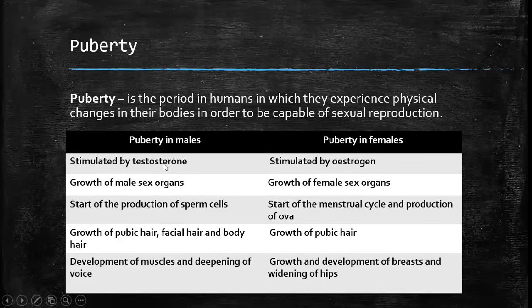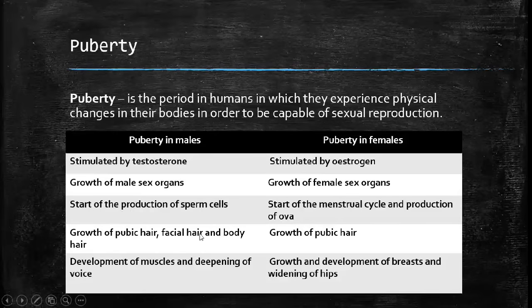And then this same hormone, testosterone, stimulates the production of sperm cells, sperm production in the testes, in the male reproductive system. And then estrogen also stimulates the menstrual cycle and the production of the ova in females. And then we've got the growth of pubic hair, facial hair and body hair. The pubic hair is the hair in your private part.